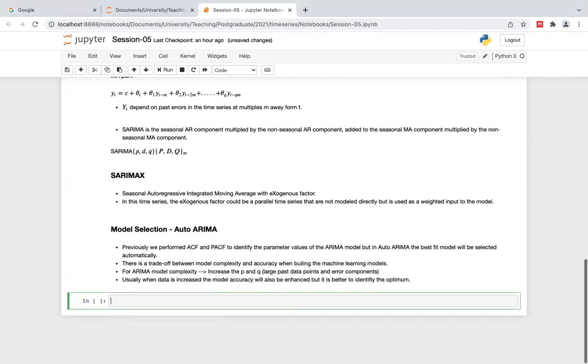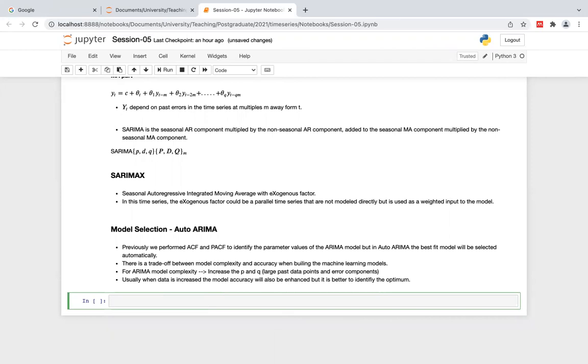The way of doing this in the context of this ARIMA or SARIMA model, we use AIC. That is the default way of selecting the model, right?